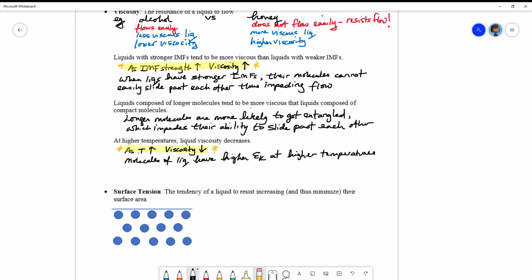And the higher kinetic energies will partially overcome the IMFs. All right, so let's write that, which can partially overcome the IMFs, which would allow the liquid to flow more freely.